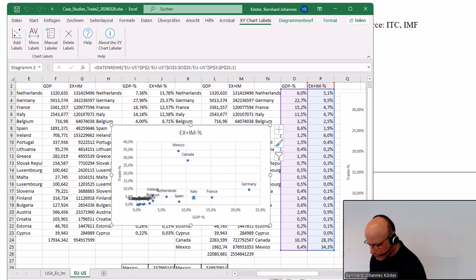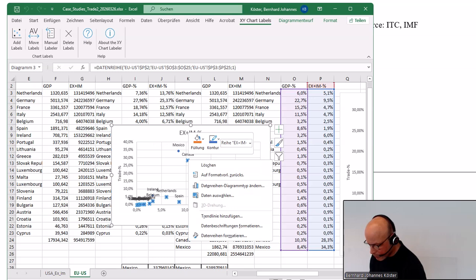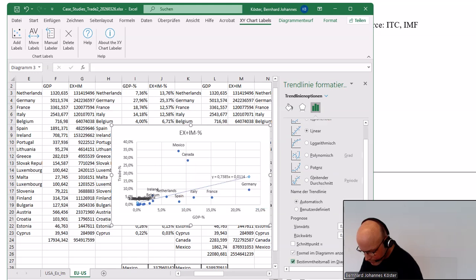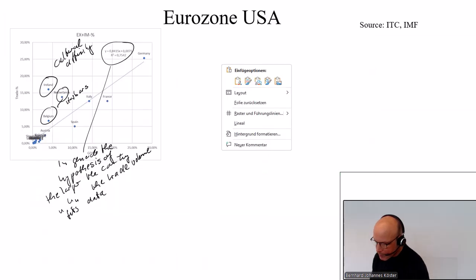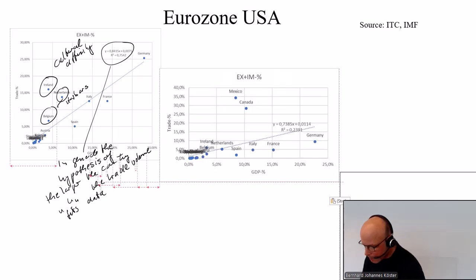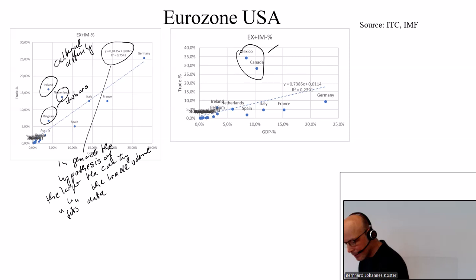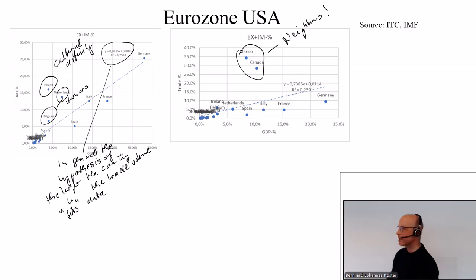Well, and then of course we see if we also do the fit with a linear line, then you see of course one thing: since Mexico and Canada are here, the main explanation is not the size, but the neighborhood, and even their trade volume is much larger than that of the largest of the EU countries, Germany.